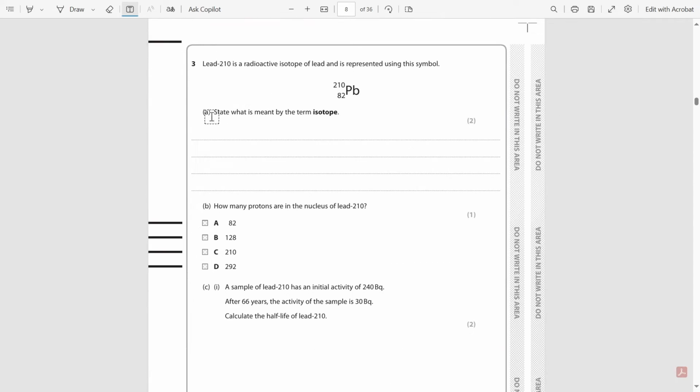Whatever. State what is meant by an isotope. An isotope is an atom that has the same number of protons but different number of neutrons.